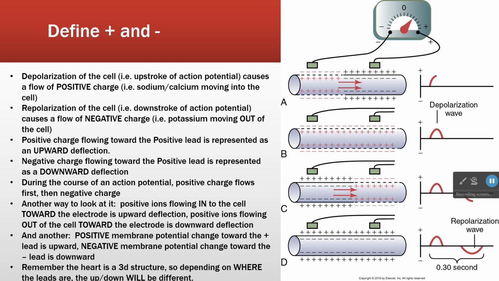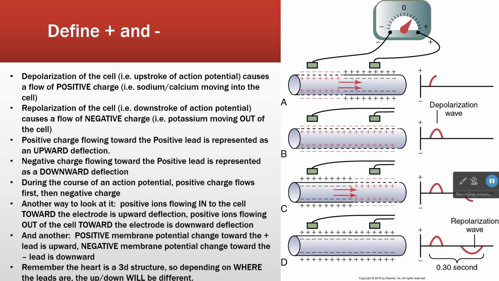Here in A, we see an action potential moving from here to here, and we have our meter set up so that we can measure that. As the depolarization occurs, positive charges are moving in this direction. Why? Number one, they're attracted to the negatives that are inside.